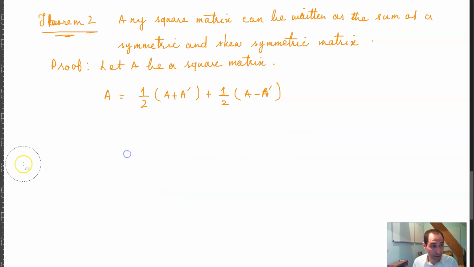So since that is the case, of course I can write this equation.